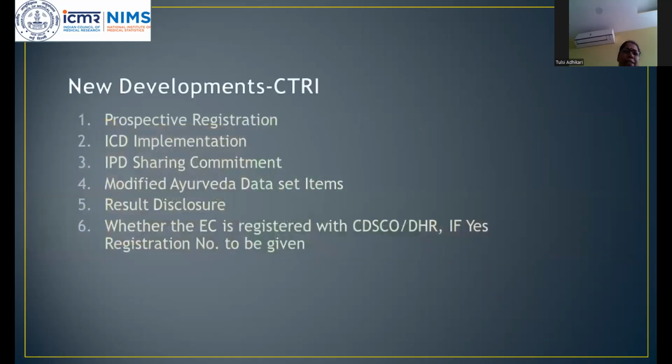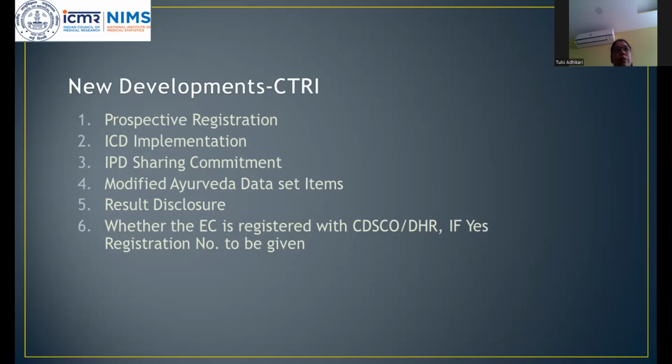So these are the new developments, though not actually very recent. It's almost 1 year now. We have moved towards prospective registration. From April 2018, but for 2 years, we also took retrospective registration for only those trials which had been entered into CTRI, and had got the reference ID and not the CTRI number.